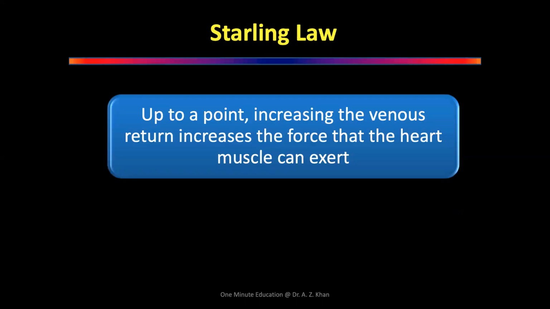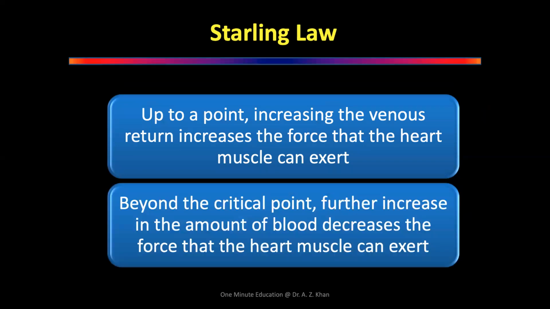Up to a point, increasing the venous return increases the force that the heart muscle can exert. So there is a critical point up to which you can stretch. Beyond the critical point, a further increase in the amount of blood will actually decrease the force that the heart muscle can exert.